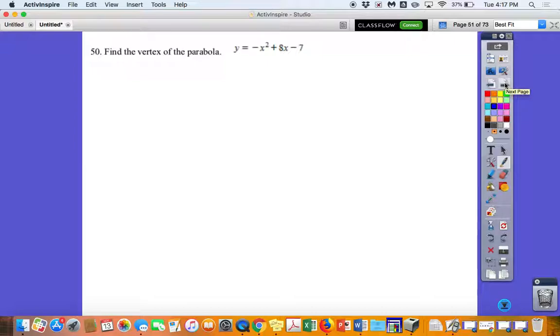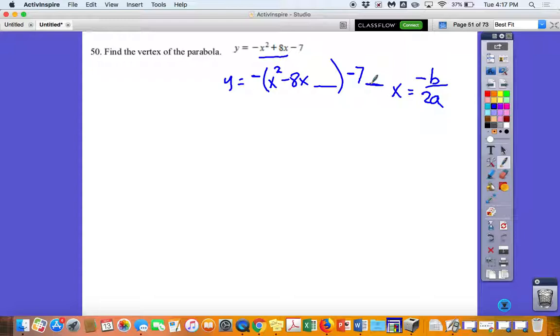Find the vertex. So we need to complete the square. That, or you can do your, some of y'all really liked this. It'll work. But I'm going to complete the square because that's what you're really supposed to do. So take the negative out of the first 2 terms. That's x squared minus 8x. Make a space. The negative 7 doesn't play. So then you come in here, half and square that thing. If I half it, I get 4. Square it, 16.